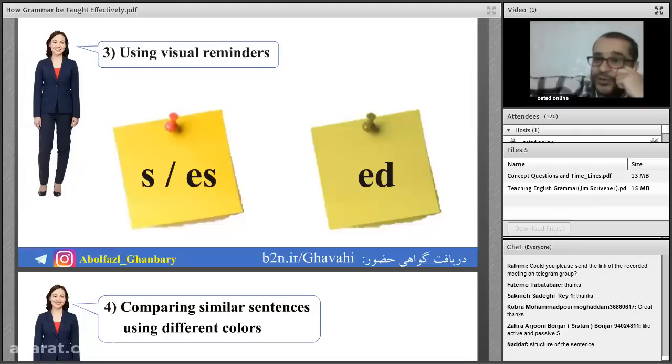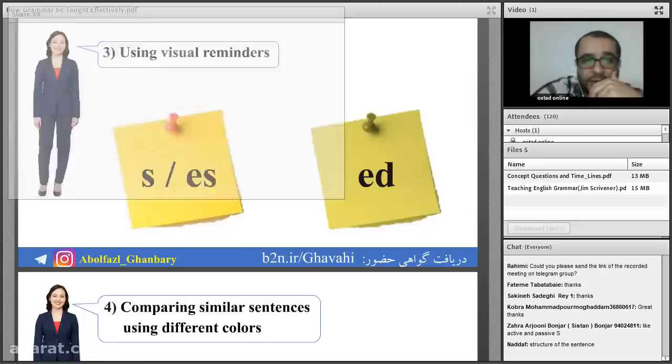Just point to the wall and ask the learners to correct themselves. Yeah, he goes to work. He eats lunch. Or for ED again, you can write it on a piece of paper and stick it on the wall. And when we need to use it, point to the wall and ask the learners to use it. Again, we can use it for error correction.